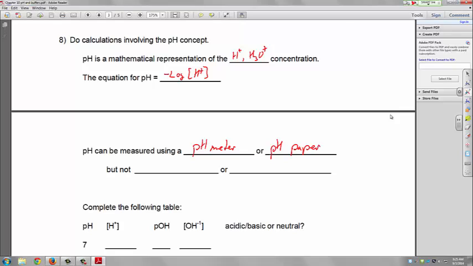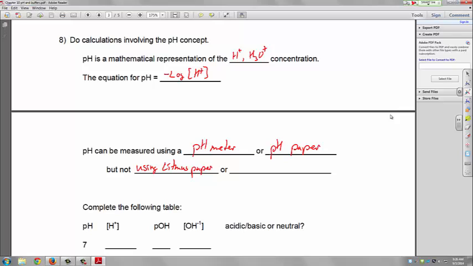pH is not measured using litmus paper. The difference between pH paper and litmus paper: litmus paper has only one acid-base indicator in it, and it turns red in acid and blue in base.